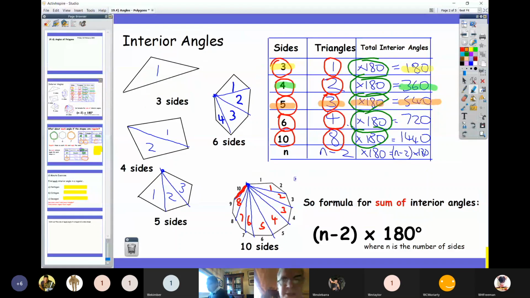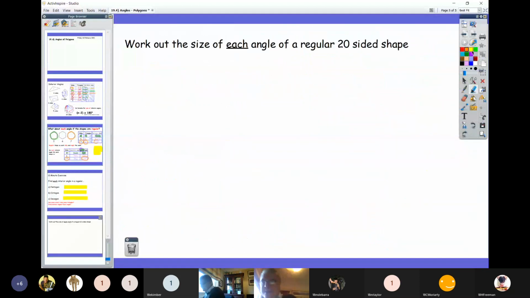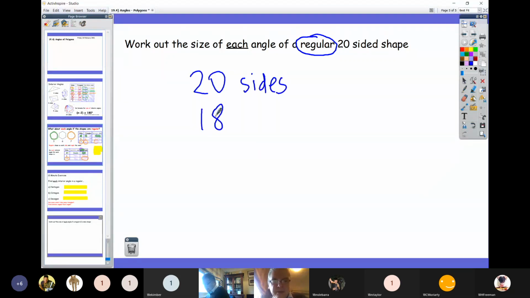Okay, so I just want to finish. I'm going to skip the next slide and go on to this very final one here and see if you can gather your thoughts on this. Now, if it happened to be a regular shape and it's got 20 sides, how would we work out what each of the angles was? So we would say 20 sides, take away 2, that means it's got 18 triangles.